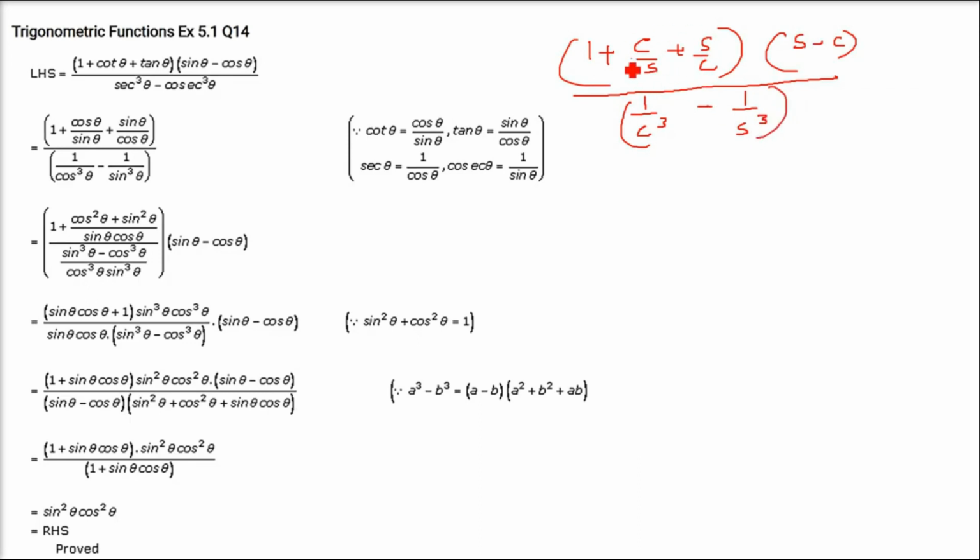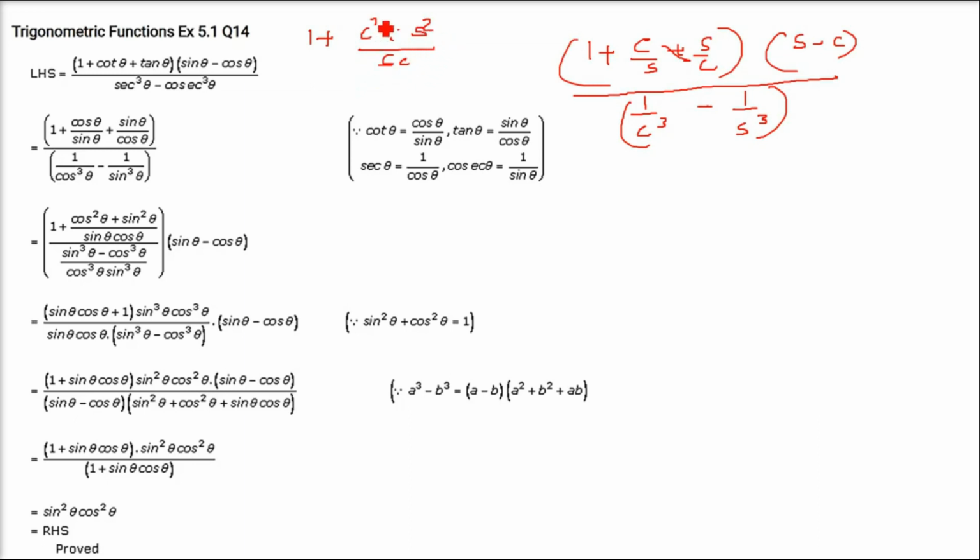So first let us solve this one, and then we'll solve the denominator also. So what do you get here? 1 plus, this is cos square, this is sin square. I'm taking this first, cos square plus sin square by sin cos, right?